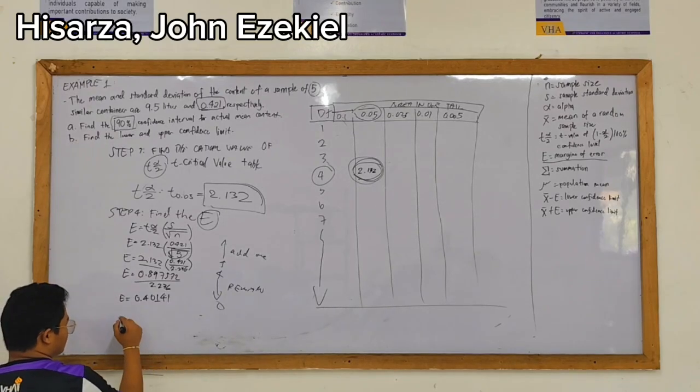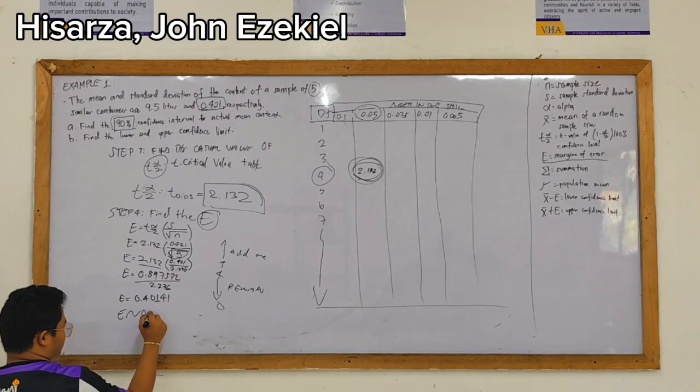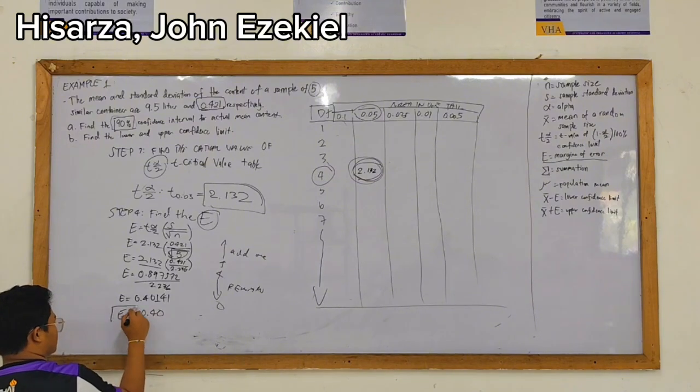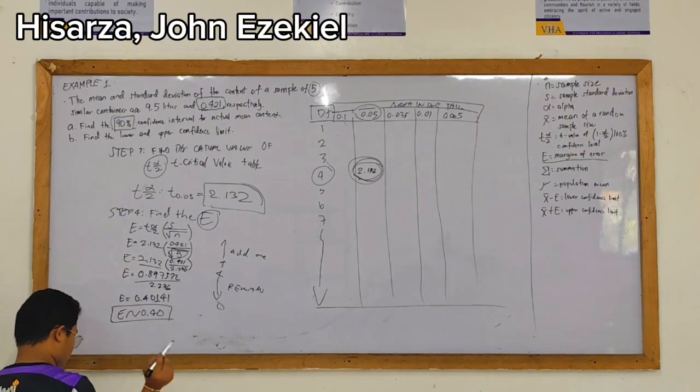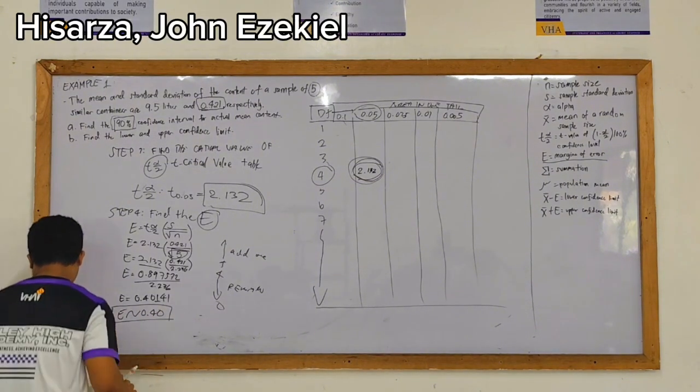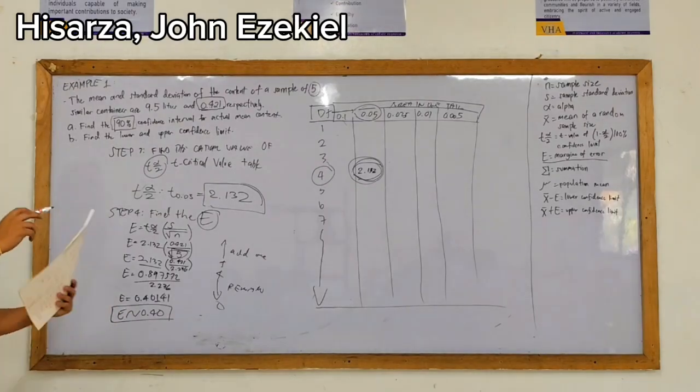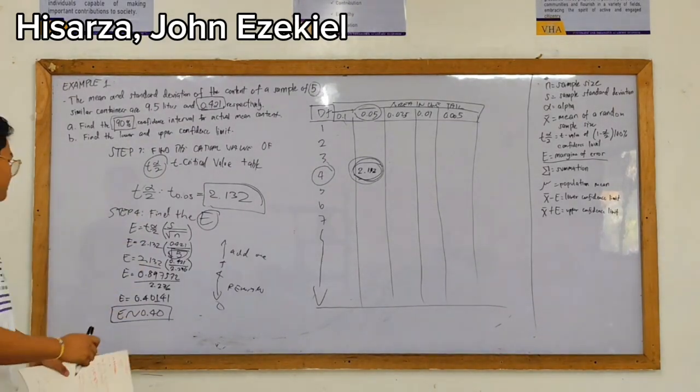So E is approximately 0.40. This is our margin of error. Now let's move on, and we're just going to talk about step 5.